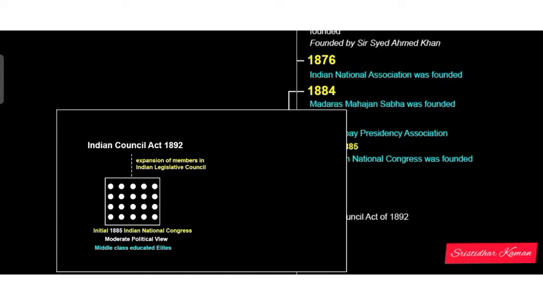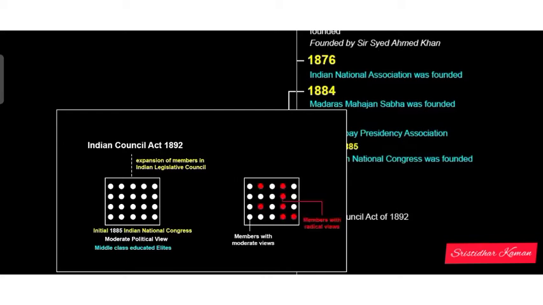With time, the Indian National Congress started facing constant opposition from the British government on every policy, plan or proposal that the party had put forward, due to which the members of the Congress party started having opposing views. In other words, from moderate political views, some party members started adopting radical views, which were inclined towards the independence movement.